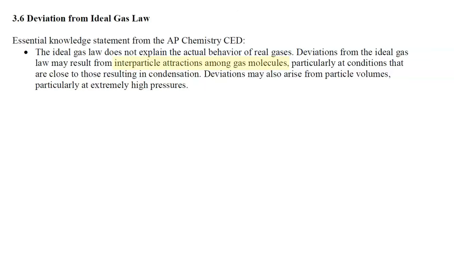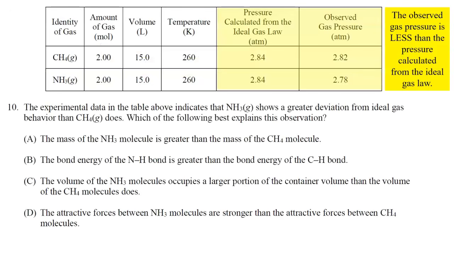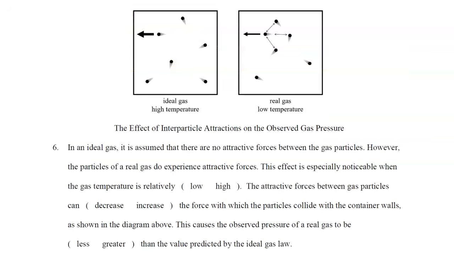Deviations from the ideal gas law may result from interparticle attractions among gas molecules, but they can also result from particle volumes, particularly at extremely high pressures. And so what I'm looking for is, why is the observed gas pressure less than the pressure calculated from the ideal gas law? And so here on this slide, this is what I had presented in an earlier video for topic 3.6.